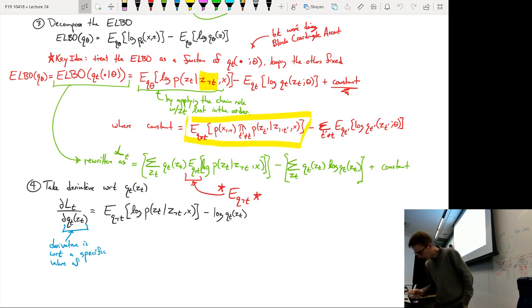If you remember when we were doing these factor derivatives, when we were first looking at how you learn a CRF, this was one of our major sticking points: taking partial derivatives with respect to factors. What we were doing was taking partial derivatives with respect to one entry in a factor. Here we're doing the same thing. Qt is a distribution over the variable zt, so it's like a vector, and we're taking the derivative with respect to one entry in that vector.